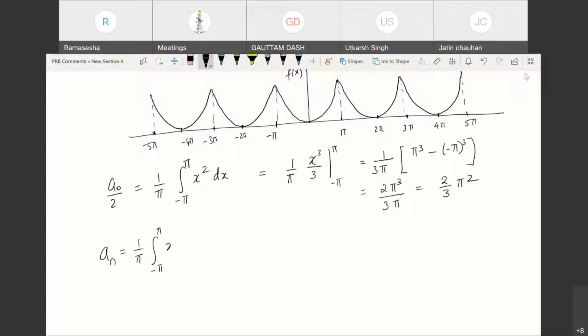What kind of a function is x squared over the integral minus pi to pi? The value of x squared is unchanged on changing x to minus x. If I take f of x equal to x squared, f of minus x is also x squared, so x squared is an even function.